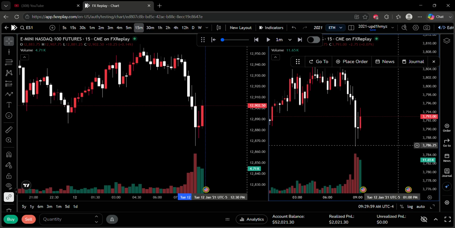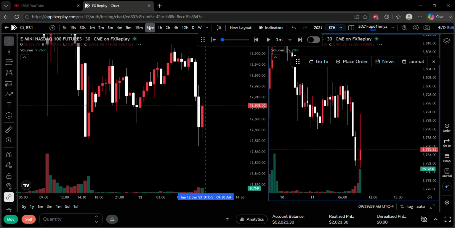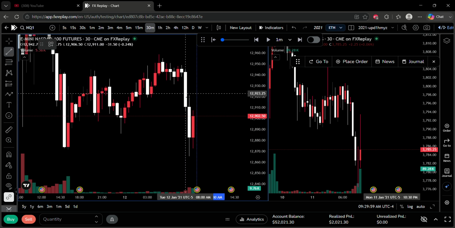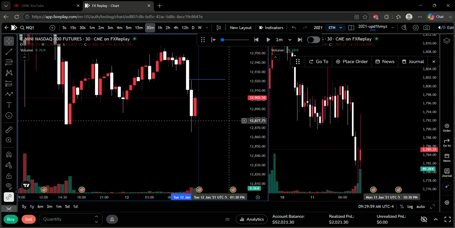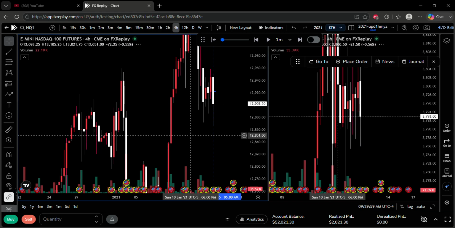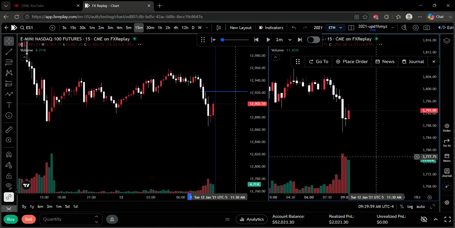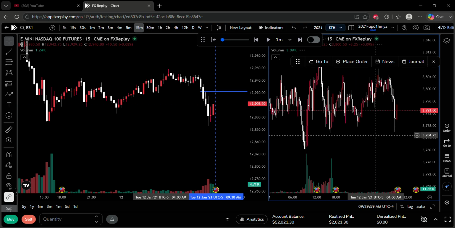See, 15-minute gap. We have a 30-minute gap here, unmitigated. That would be, yeah, we're drawing liquidity. 4-hour gap, delivery. Yes, it's just doing nothing.